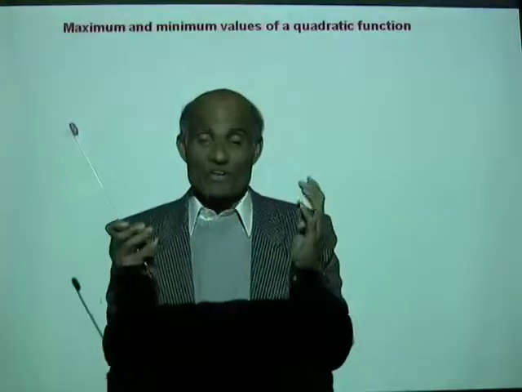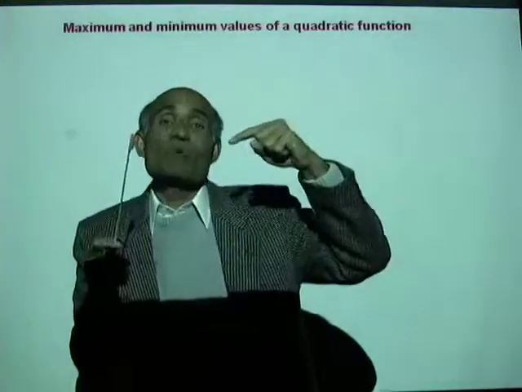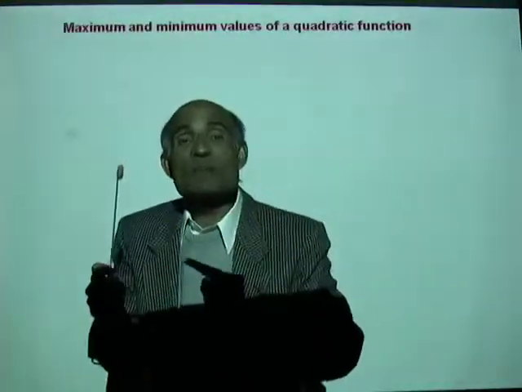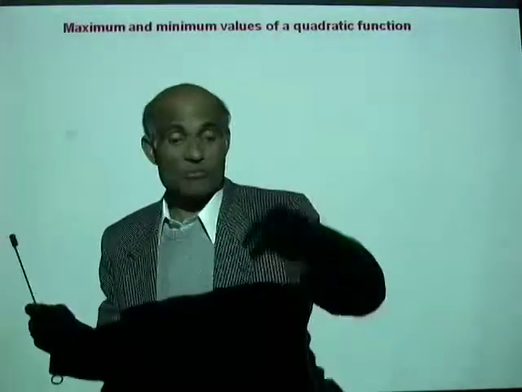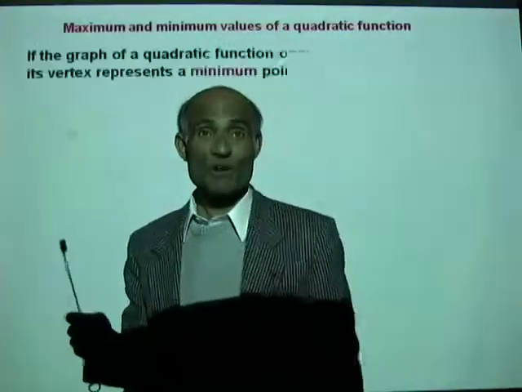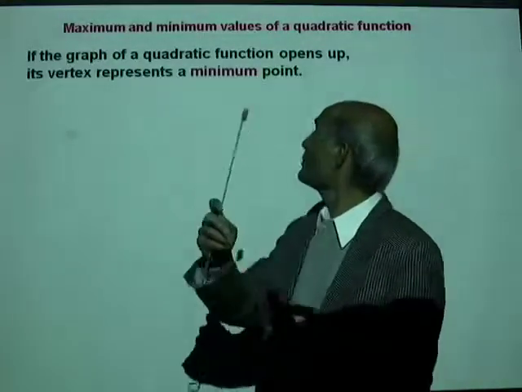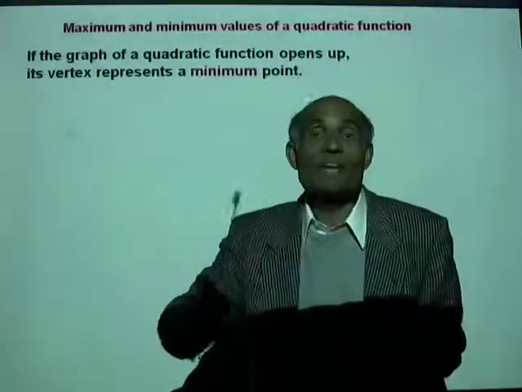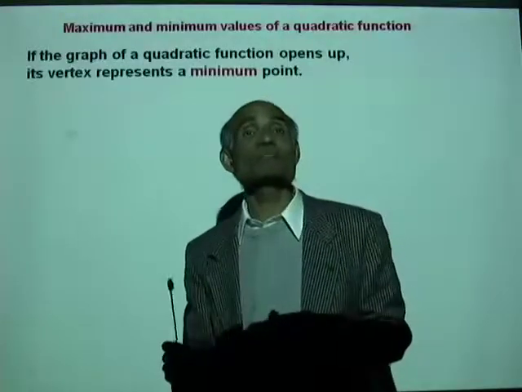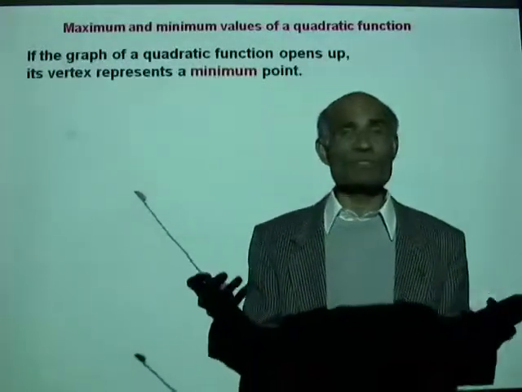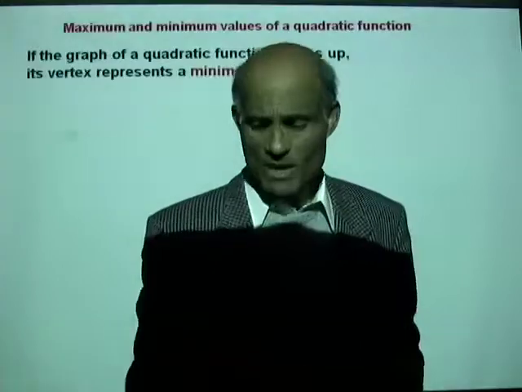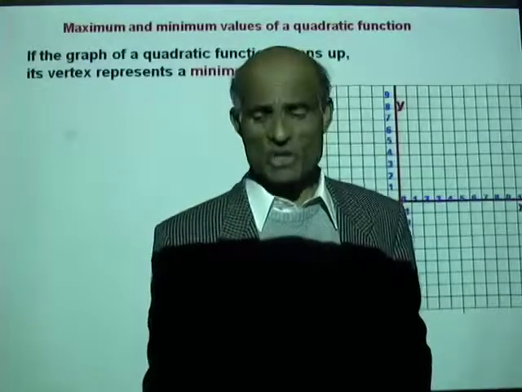That means at some point a parabola will reach either a minimum or a maximum. Is that right? Okay, so if the graph of a quadratic function opens up, then its vertex will represent a minimum point.